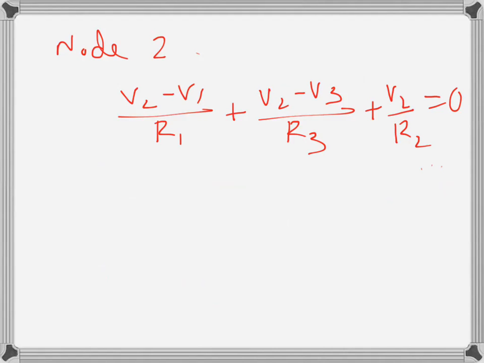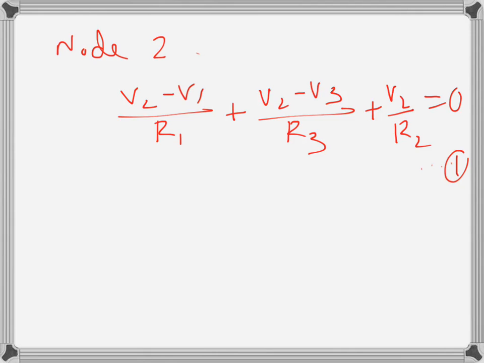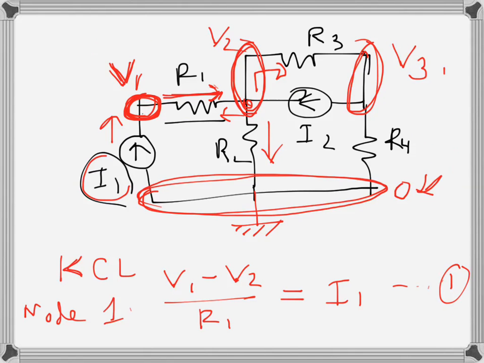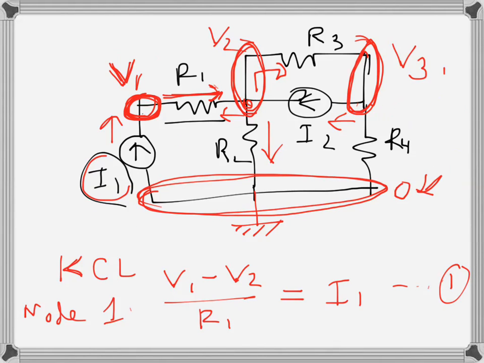So this is the second equation, and the third one is for the third node. For this node, the current going away is I2. We can write it on the left hand side, I2, because it's going away from the node.